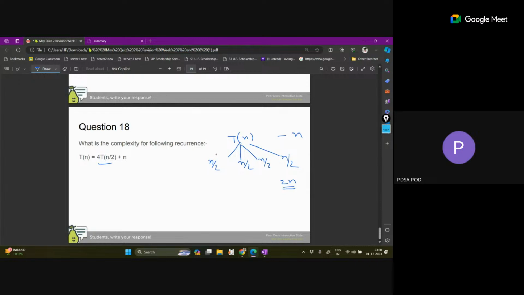In the increasing case, we use the formula n to the log base c of r. Here r is 4 and c is 2. So n to the log base 2 of 4. So this is 2 to the power 2, so this will become n square. Log base 2 of 2 will become 1. So complexity for this is n square. Okay, so this was the last one.